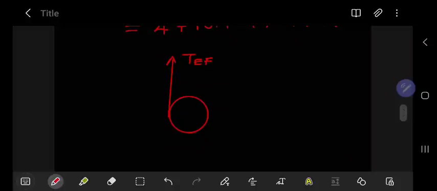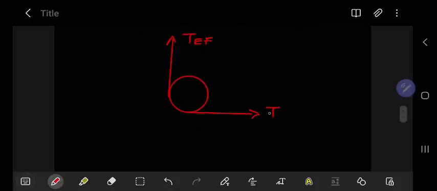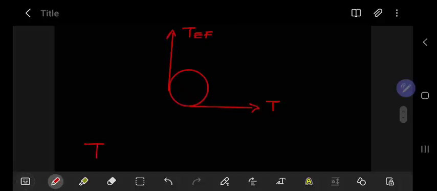Now this side, we have the one that the cars are exerting, which is T. So this has to be greater again, so it's the one that takes center stage. So it has to be TEF, and then you have e to the power of the coefficient for that pulley multiplied again by the angle of contact. In this case, the angle of contact is pi over 2.